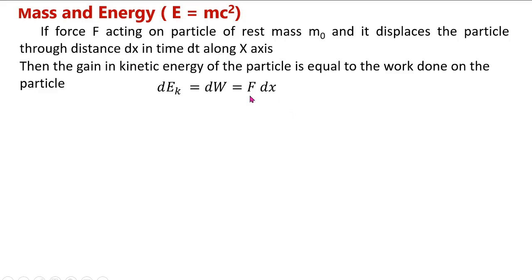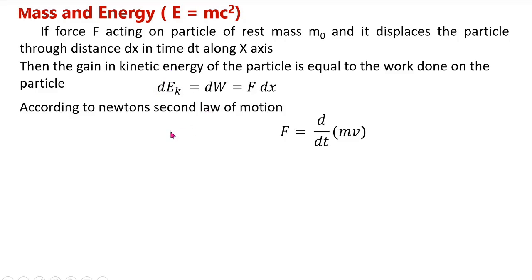The applied force is F, the displacement is dx, so force into displacement is the work done, and that work done is nothing but the gain in kinetic energy. Then the gain in kinetic energy of the particle is equal to the work done on the particle. Therefore, this increase in kinetic energy due to this work done dw is equal to F dx.